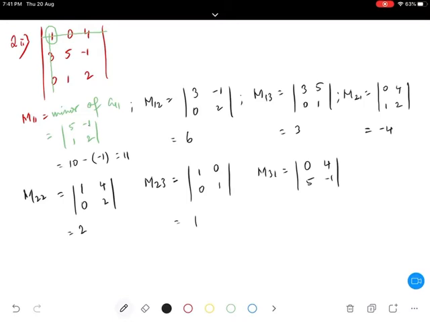Now M32. How much is that? Tell me the last one, M33.